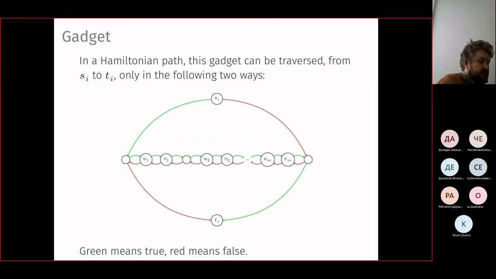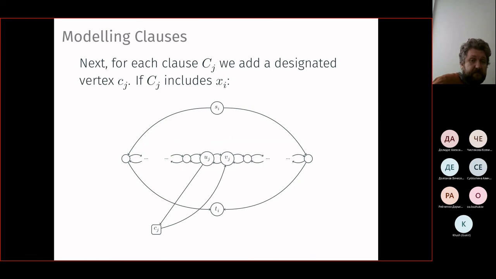For each clause, the clause was visited at some point. As it was visited, this means that the corresponding gadget was traversed in the correct way.